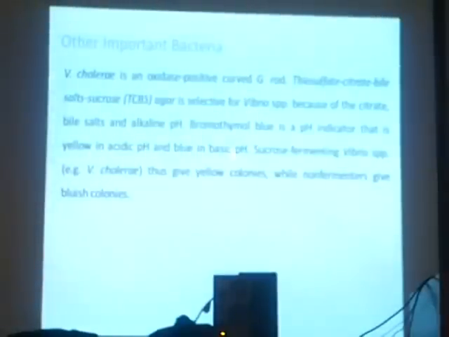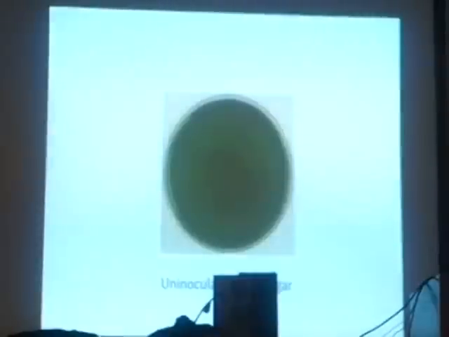In the basic range, it is blue. Now, if the bacteria is able to ferment sucrose, then it will change the color to yellow, like Vibrio cholerae. Some Vibrio species cannot ferment sucrose, therefore they will give bluish colonies. This is a TCBS agar, it is green.